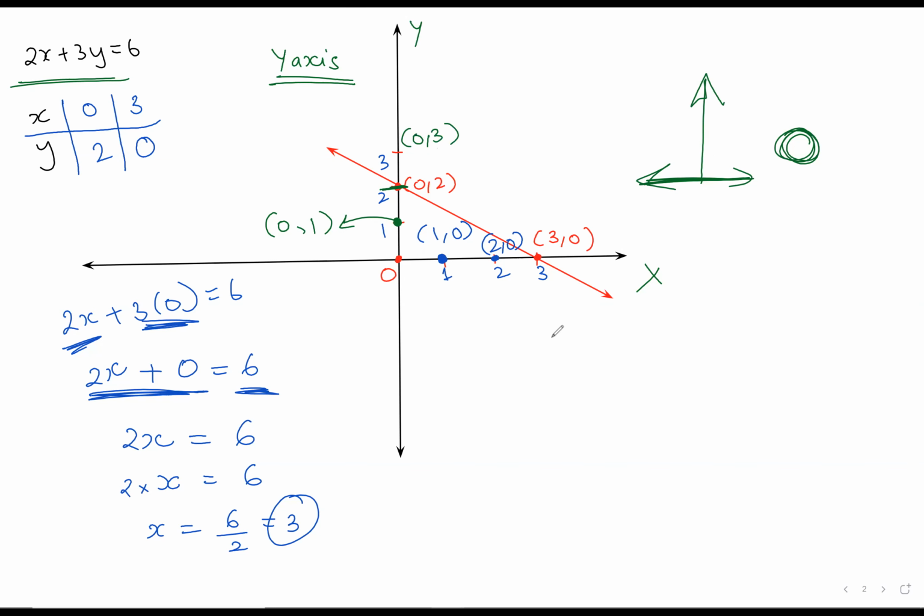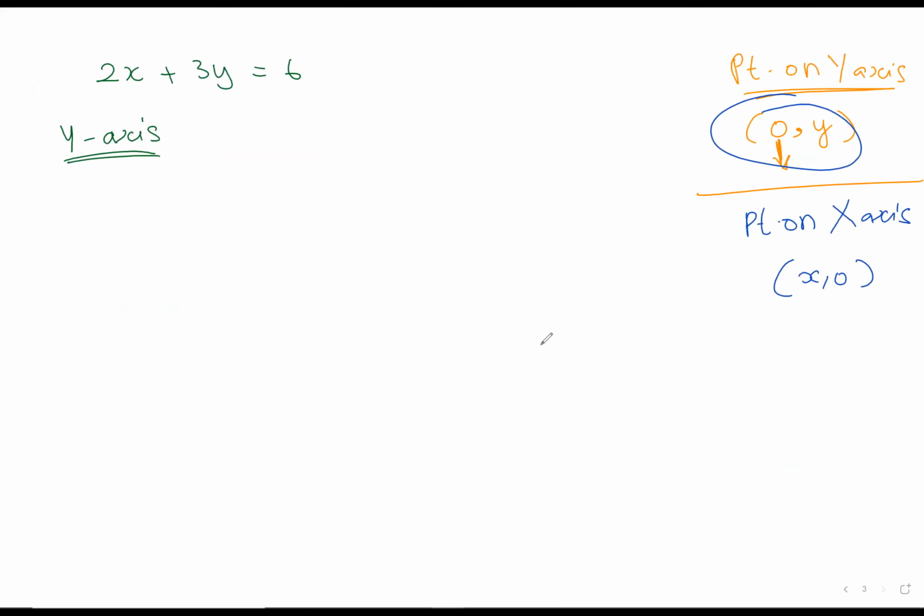So Miraj, now can you see that pattern that every point on the x-axis looks like x, 0. And every point on the y-axis looks like 0, y. Right? It really makes sense. It's pretty simple. And why?